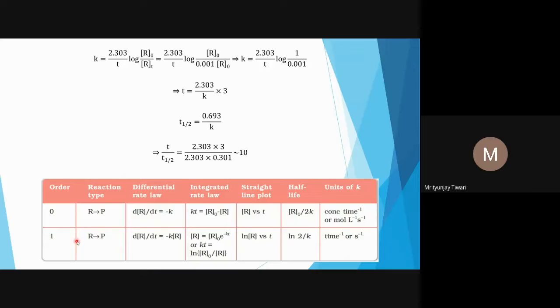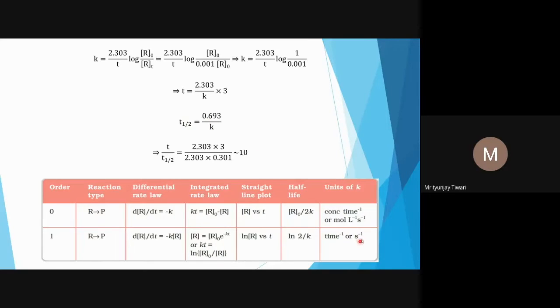For the first order reaction, the rate constant is 0.693 divided by t half. So, from this expression itself one can write the unit of the rate constant. The 0.693 is a dimensionless quantity, it is a number, and t half is time, so the unit is time inverse, and if the time is represented in seconds, it will be second inverse.